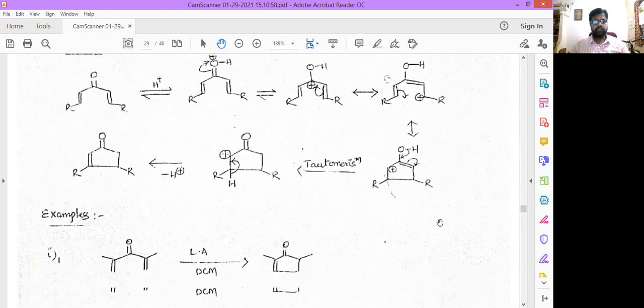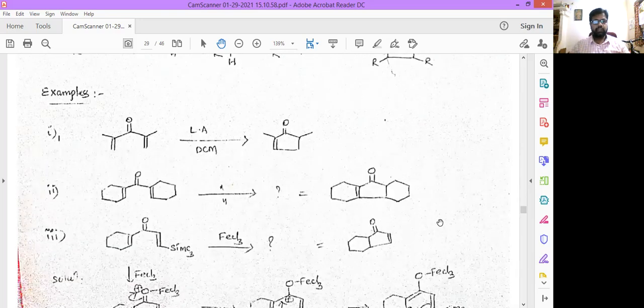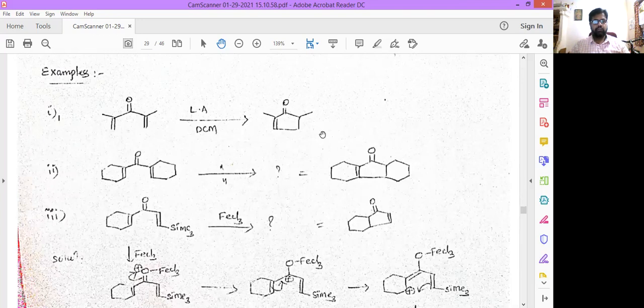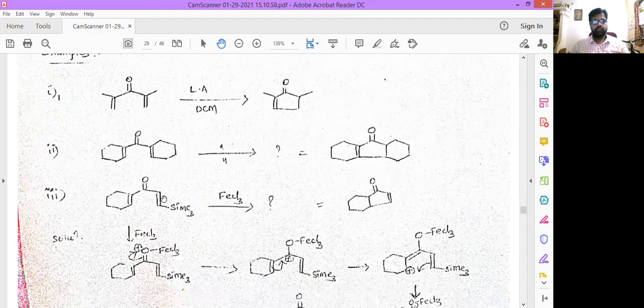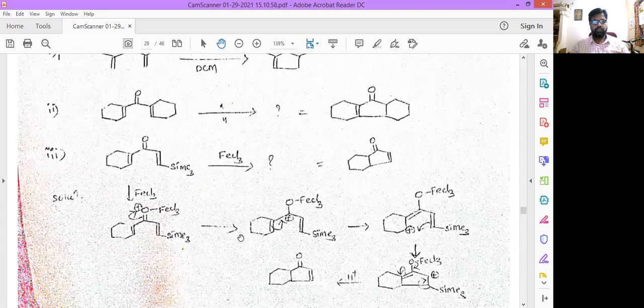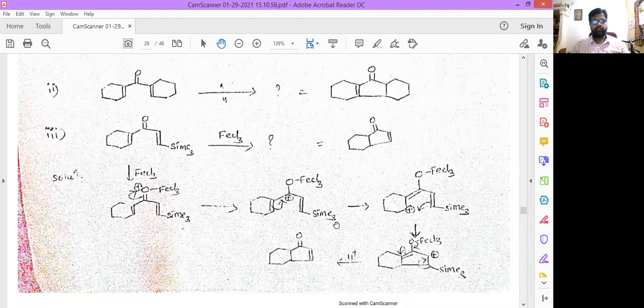This is the mechanism, and these are some examples. This is how the bonds are formed, with biphenyl groups or with another substituent. You can easily identify from where to where it is moving.